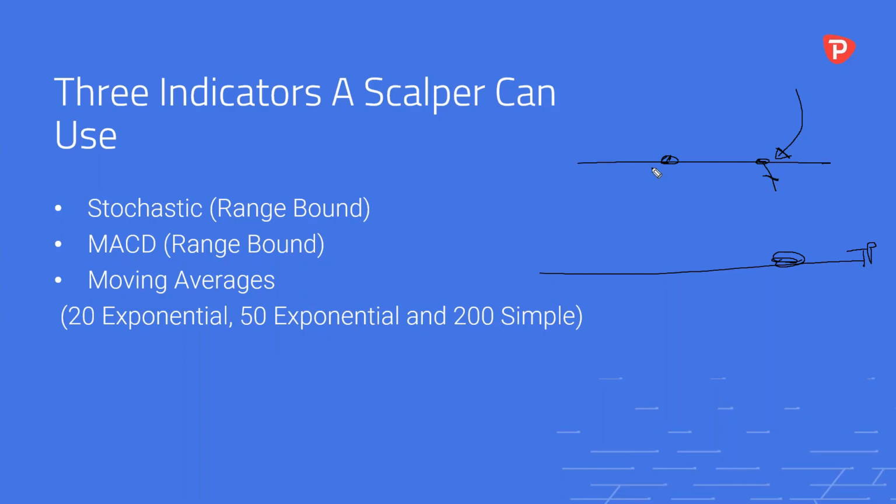We can use it there, but what we don't want to be using is crossing moving averages as dynamic support or resistance when we're stuck in what we know is a price action channel. So you always want to be aware of that. Stochastic and MACD are great indicators, along with RSI, for trading within those ranges.